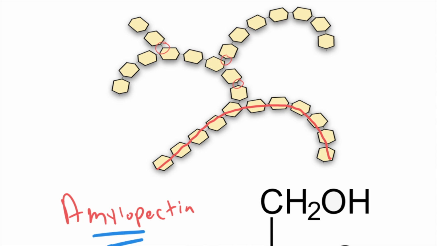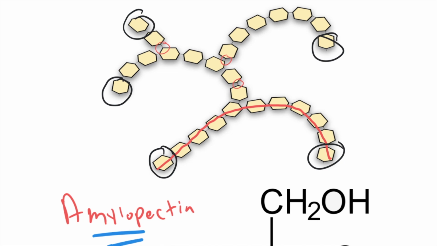Being branched is great for the cell because instead of being only able to take glucoses from two sides, I end up having many positions for glucose to be taken away and used to release energy. So branches in amylopectin provide accessibility for enzymes. So let's say there was an enzyme here.